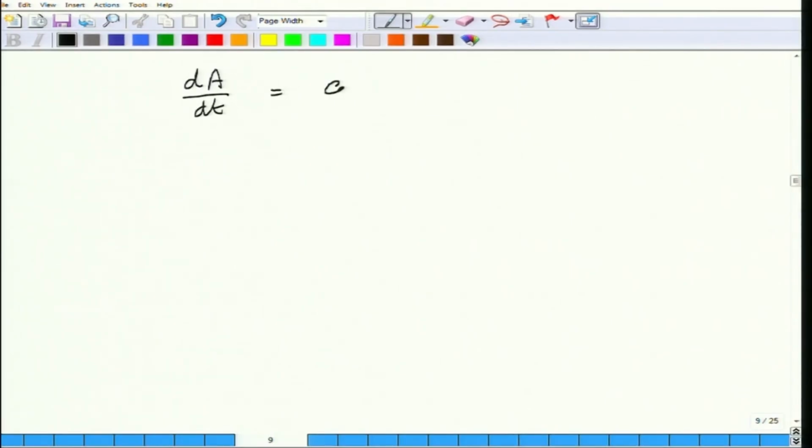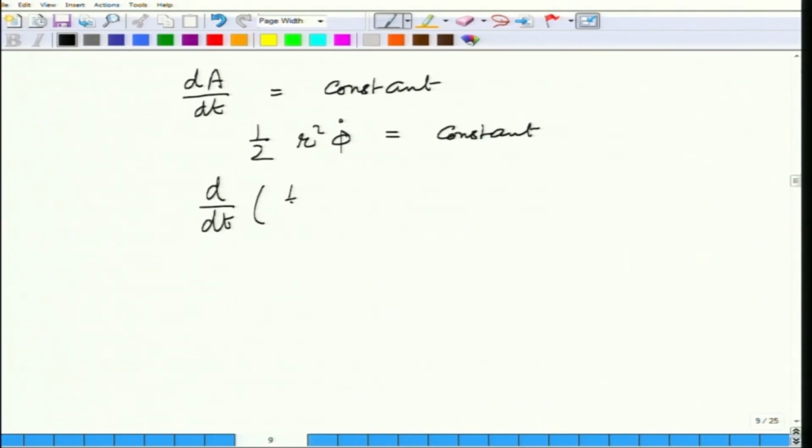is a constant, which means that 1/2 r square phi dot is a constant, and therefore, if I take the time derivative of this quantity 1/2 r square phi dot, since this is a constant, it is going to be 0. Let us now take the derivative.